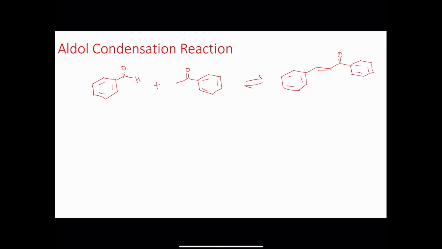This reaction can be catalyzed by an acid or a base, and usually we use a base such as sodium hydroxide to catalyze the reaction, and we eliminate one water molecule as a byproduct. And this is the alpha, beta unsaturated ketone, the main product of our reaction.